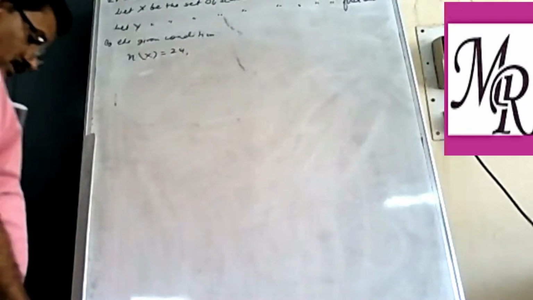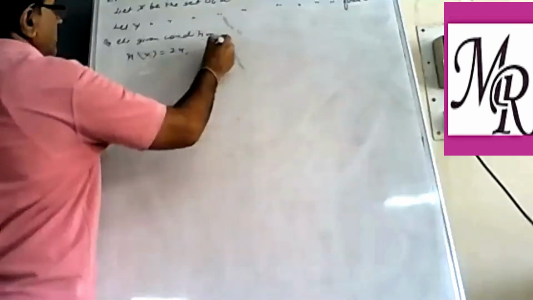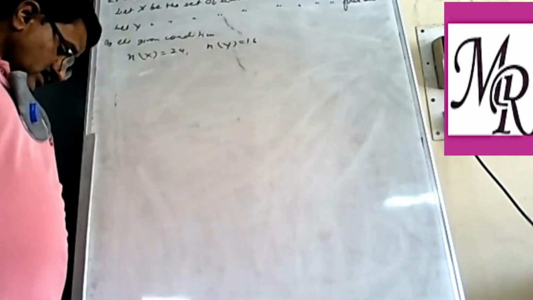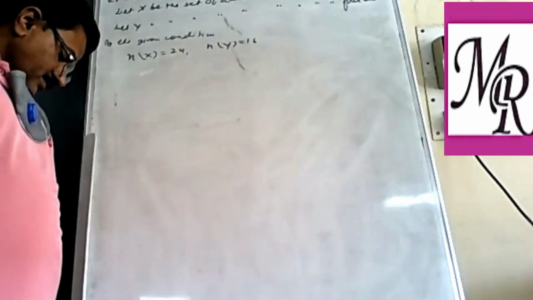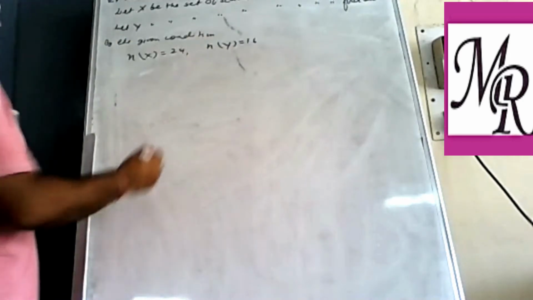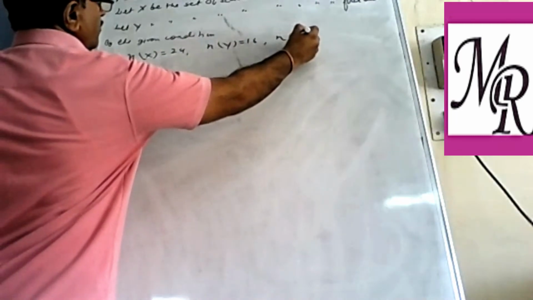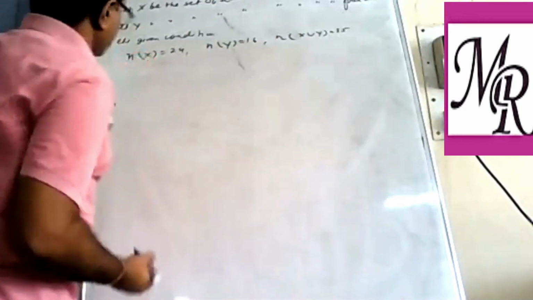16 like to play football. So number of elements in Y set is 16. Also it says each student likes to play at least one of the two games. Means the total number of students who play either cricket or football, that is the union, is equal to the number of students of the class.